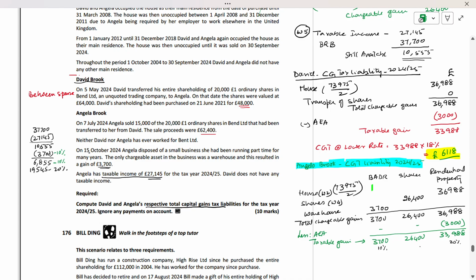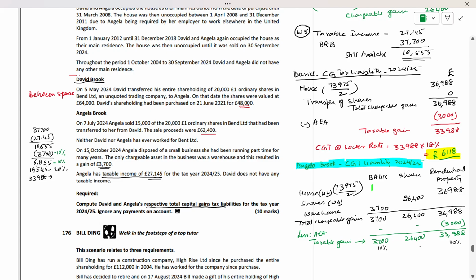Okay, and just for our understanding, it will help us. Next, automatically they are going on a higher rate. How much is there? 33,988 will be at what rate?